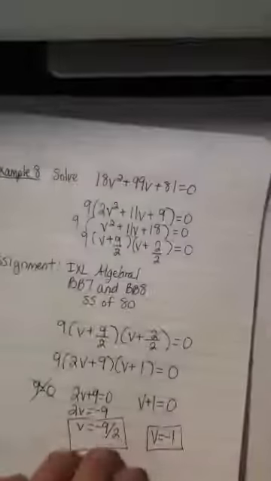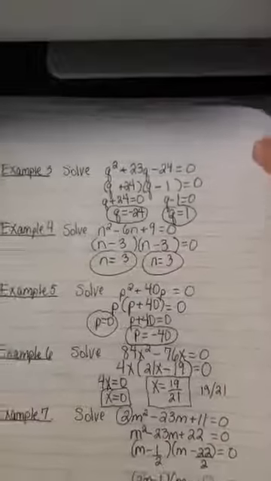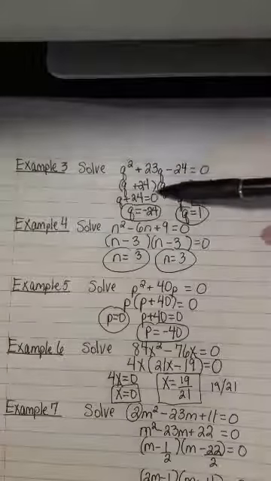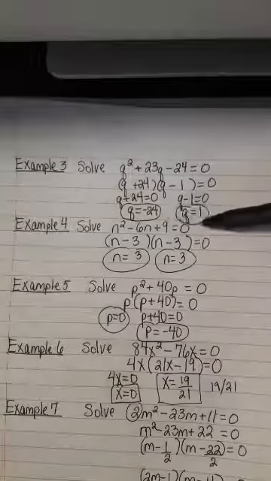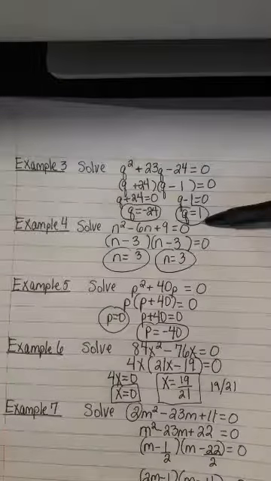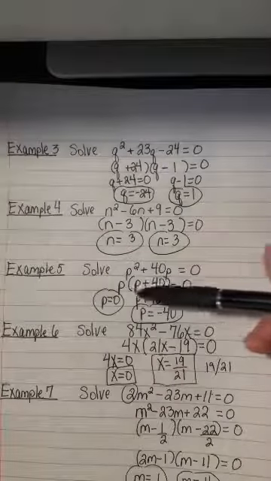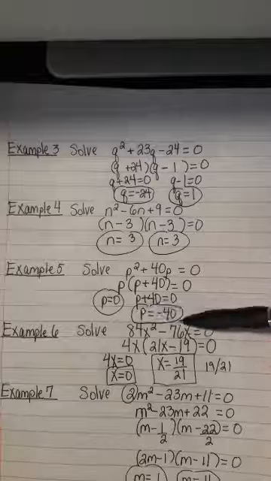Then we went to the next set of examples that involved factoring. We started out with easy trinomials that we factored and then got our two answers. We had one where you had to pull the GCF out and get your two answers.